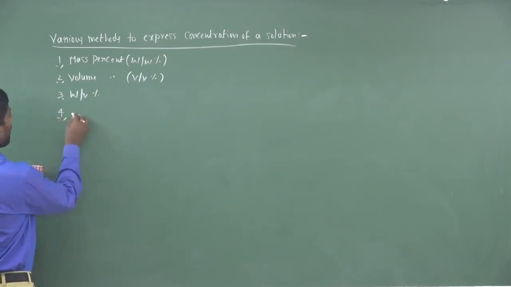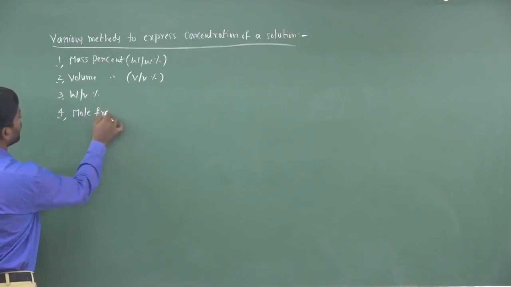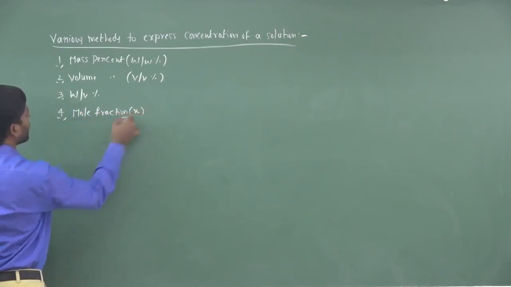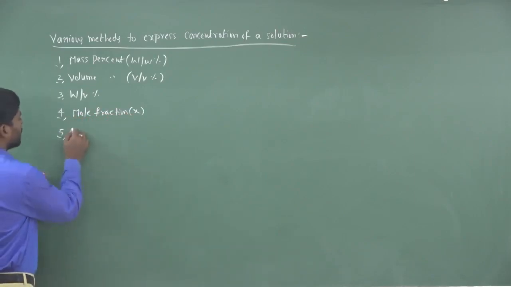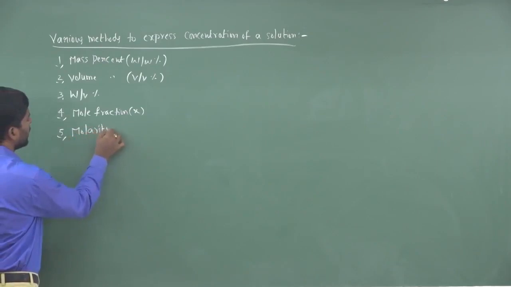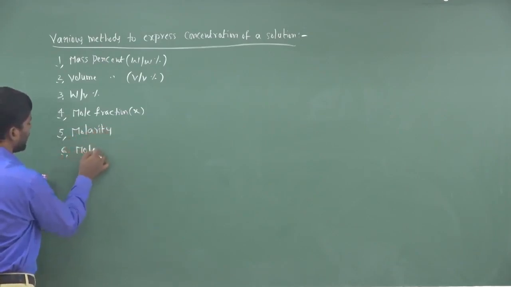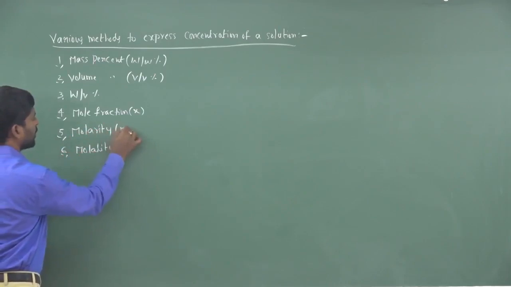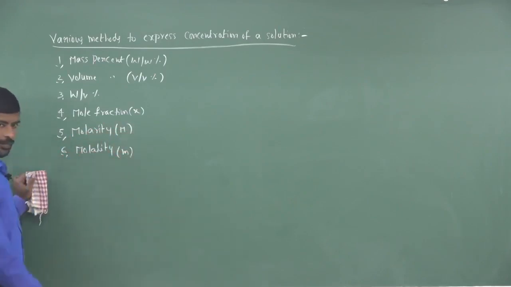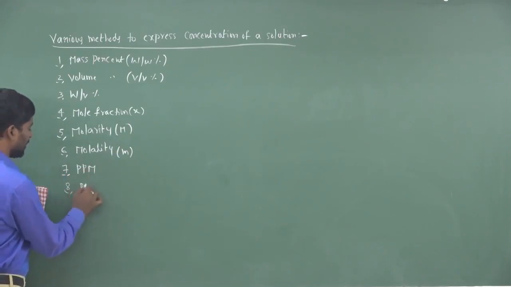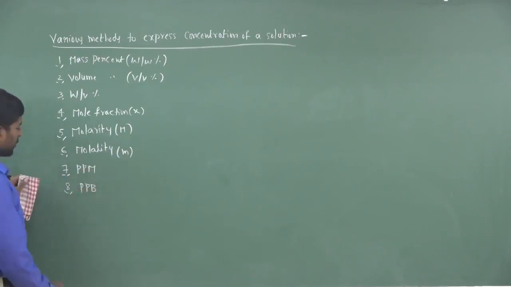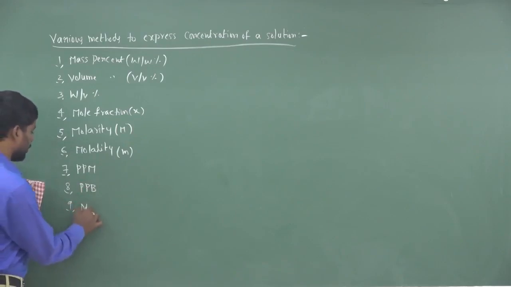Next one, mole fraction, X. Next, molarity, capital M, and molality, small m. Next one, parts per million, parts per billion, and we have normality.